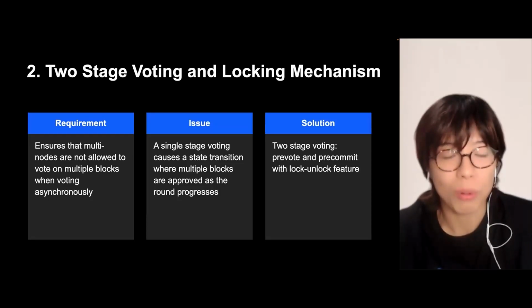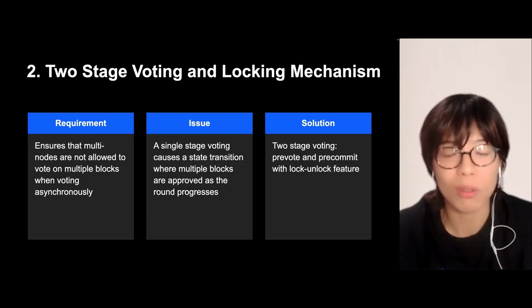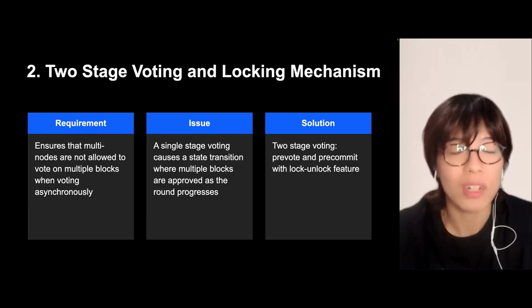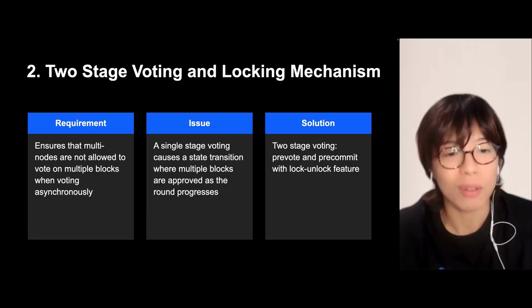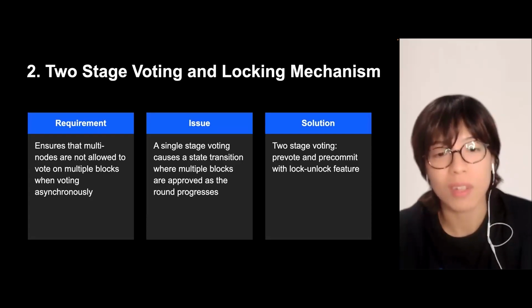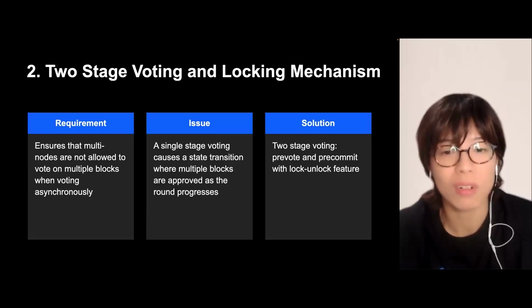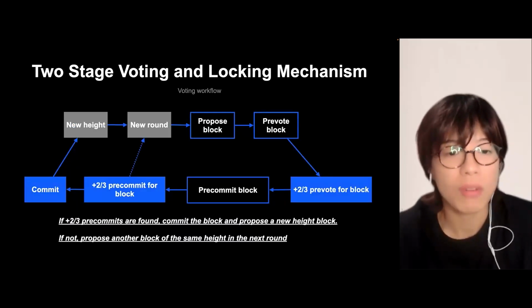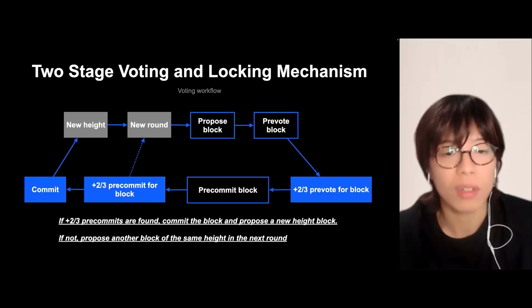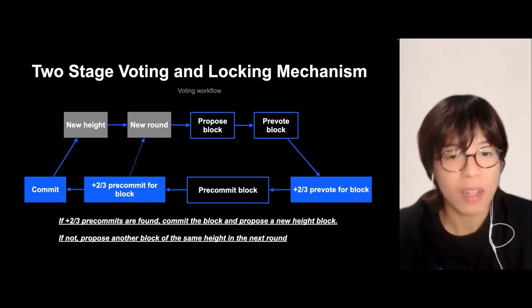In order not to have multiple nodes voted at the same time, with asynchronous voting, there's a problem of having multiple blocks approved. So two-stage voting and a locking mechanism are introduced to solve the possibility of two or more different blocks being approved.